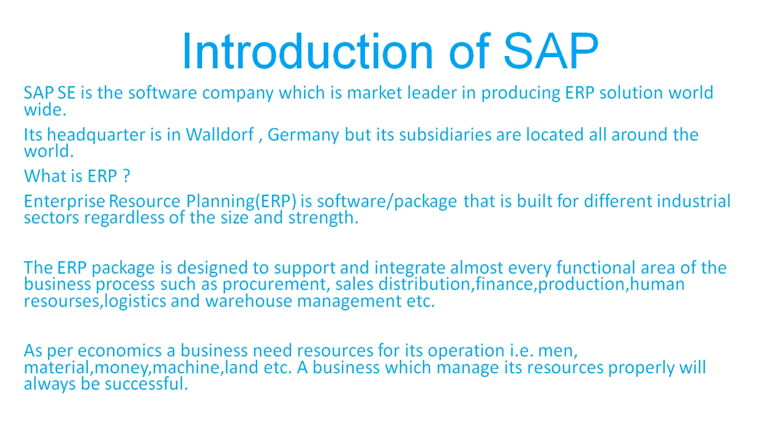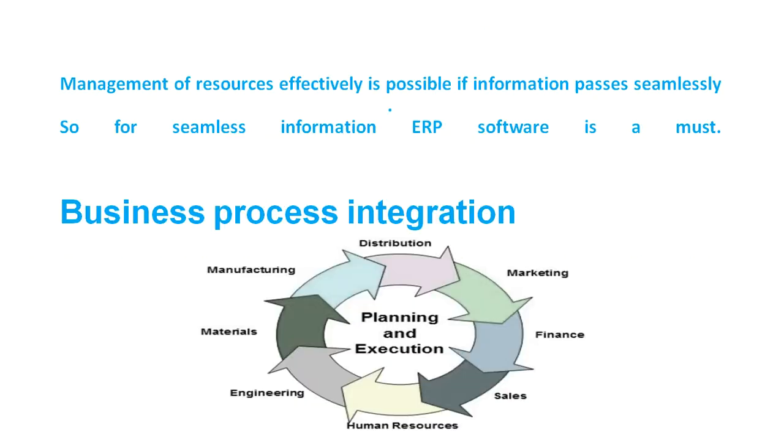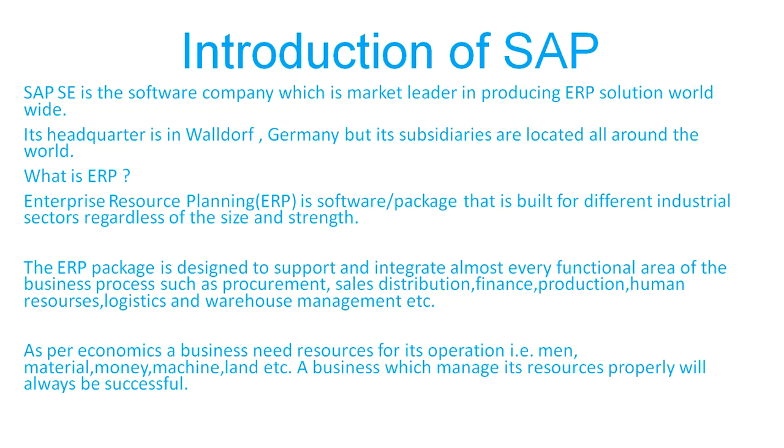Suppose a business is flourishing and another business is sustaining losses. What is the difference between these two businesses? The business which is a market leader, which is flourishing, which is earning huge profit, is always able to effectively manage these 5 varieties of resources.